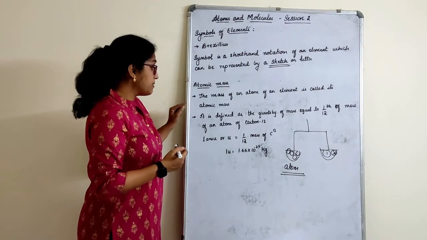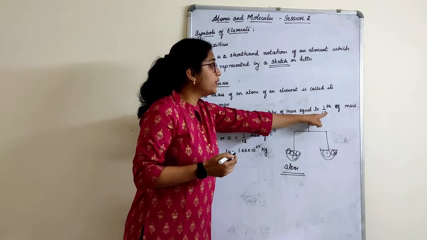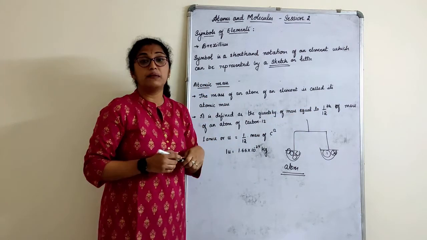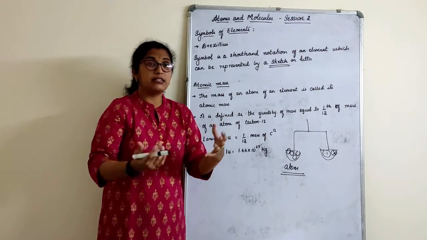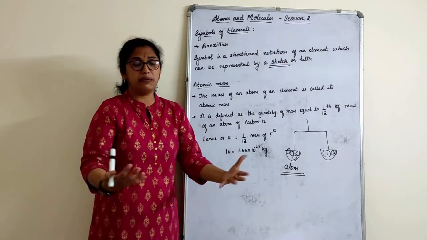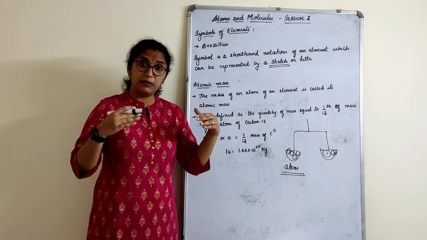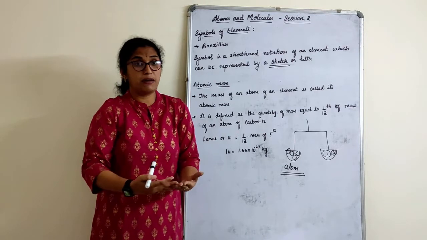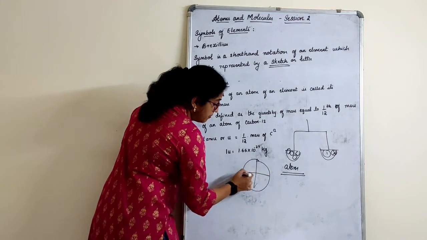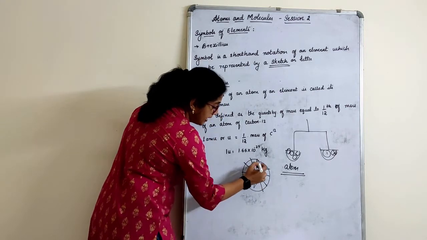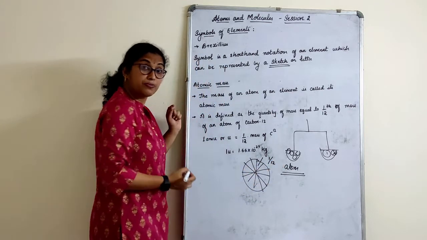So atomic mass is defined as the quantity of mass equal to 1/12 the mass of an atom of carbon-12. Now, why is it 1/12? Suppose we have 12 friends or 12 members in a family. You get a cake, and that cake has to be distributed among 12 pieces, right? Because there are 12 members and no partiality, everyone will get one piece. So if I make 12 pieces of this cake, each piece is nothing but 1/12, right?